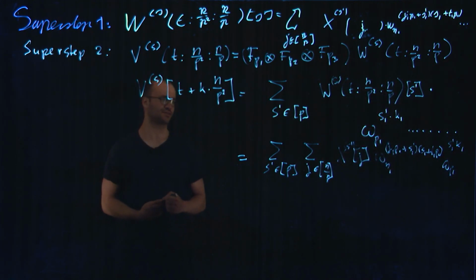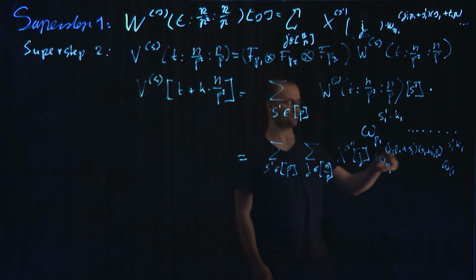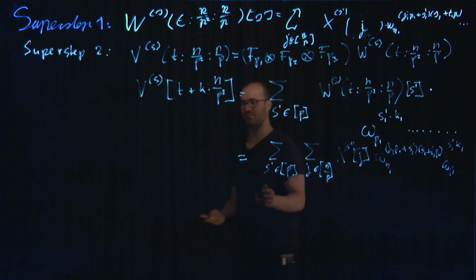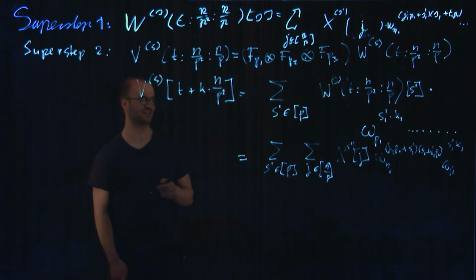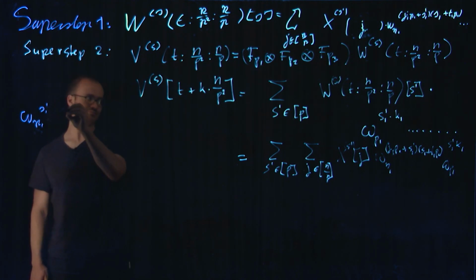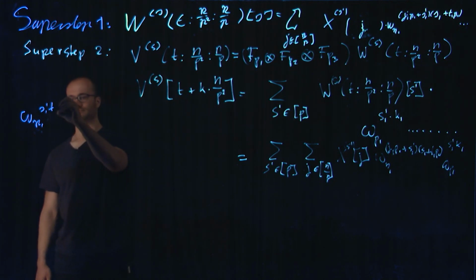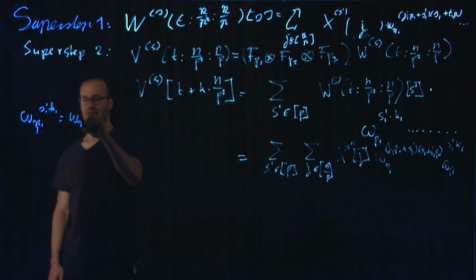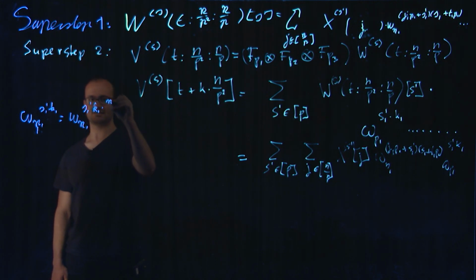So now first we are going to take these two vectors together, and we're also going to manipulate it a little bit to make it easier in the next steps. So what we can do is take the p-th root of unity to the power of S prime k, and transform this into the nth root of unity. And then we have to multiply by n1 over p1.